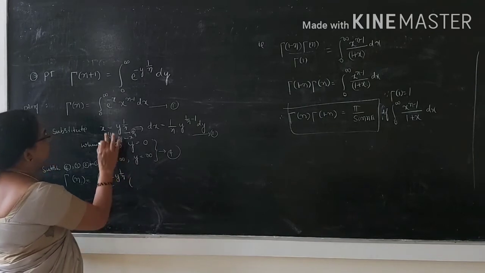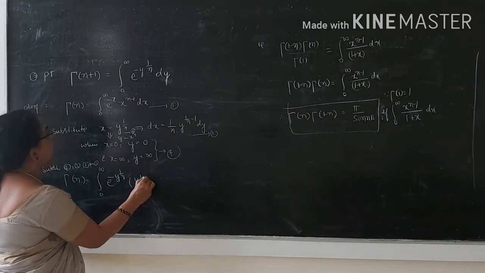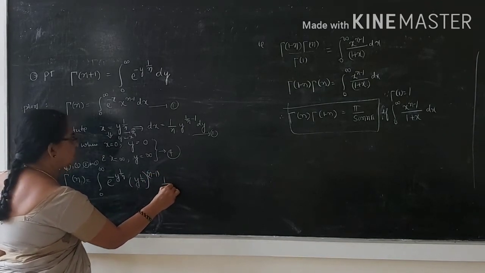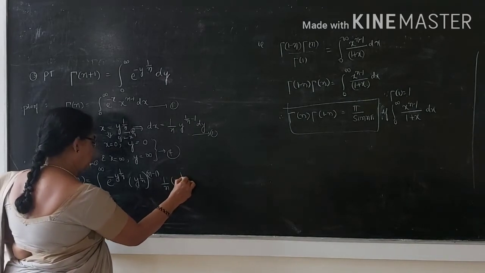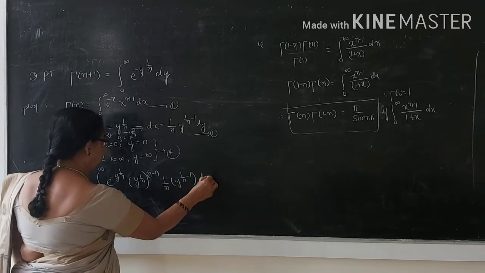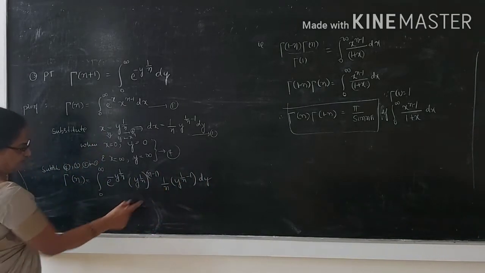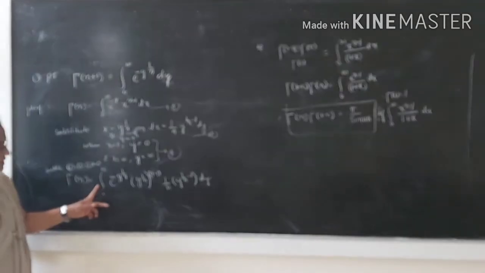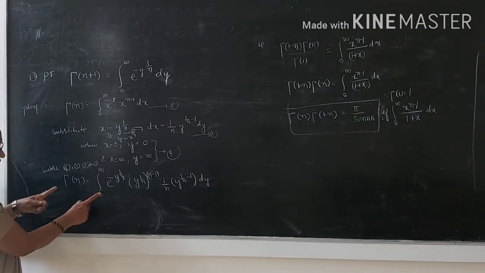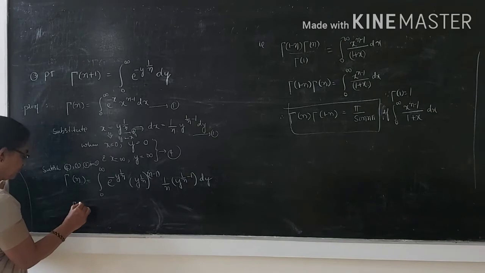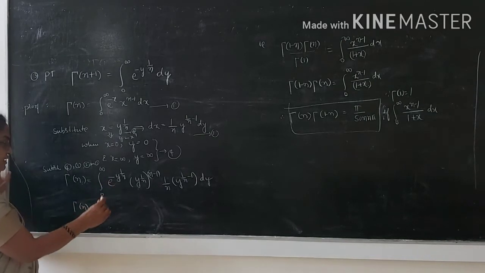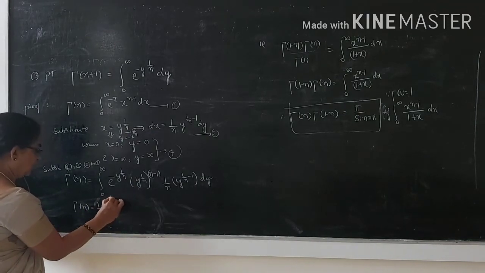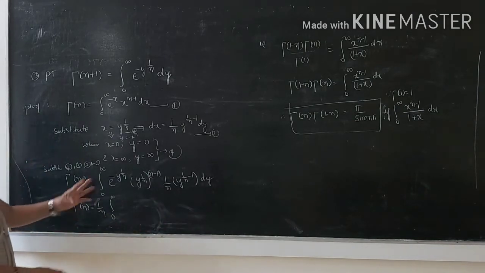What is x power n minus 1? The x value is y to the power of 1 by n, whole to the power of n minus 1, into dx, which is 1 by n into y to the power of 1 by n minus 1 into dy. Now, if you simplify this, here n is a number, therefore you can take it outside the integral sign, and if you don't want n here, you can cross multiply. If you feel any difficulty in following the steps, you have to write one more step.